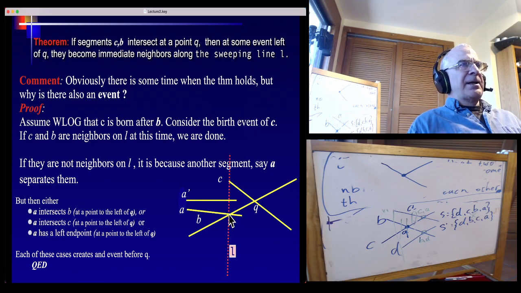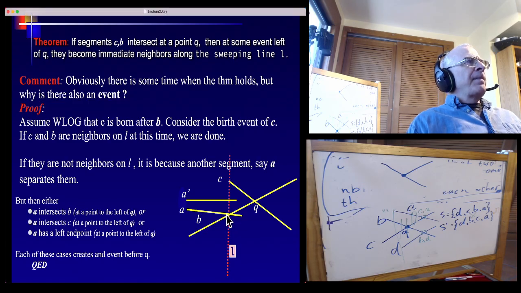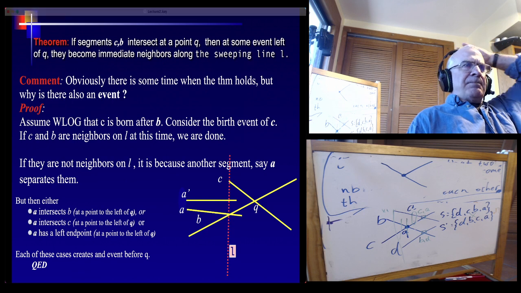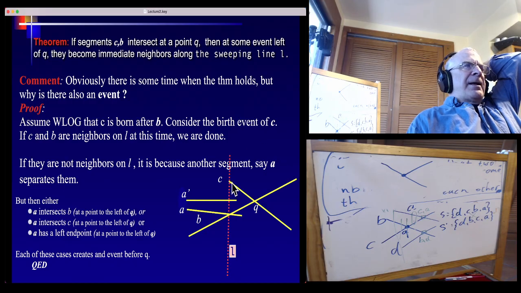It's already intersecting the status. Otherwise, in the proof I just switch the roles. WLOG means without loss of generality. Because if it's not the case, then I just swap who is B and who is C in the intersection.